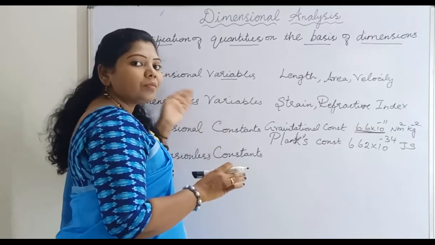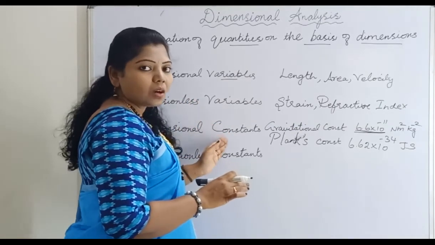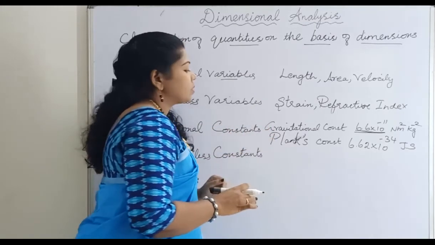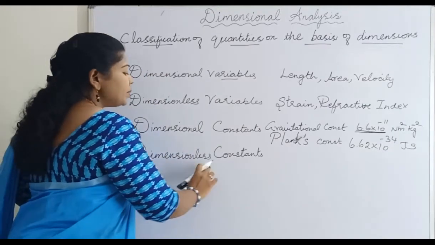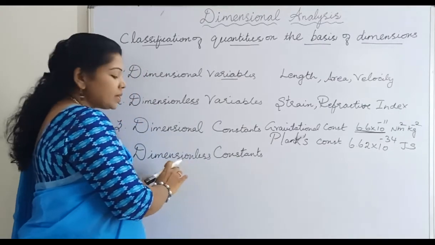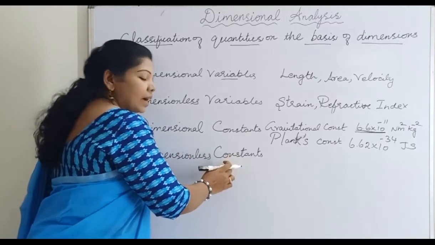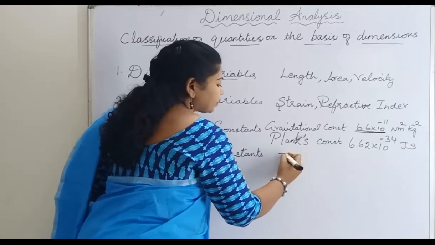So constants which have dimensions are called dimensional constants. Example, gravitational constant and Planck's constant. Then what is the fourth one? The fourth one is dimensionless constants. Dimensionless means they don't have dimension but their value is constant. For example, pi.